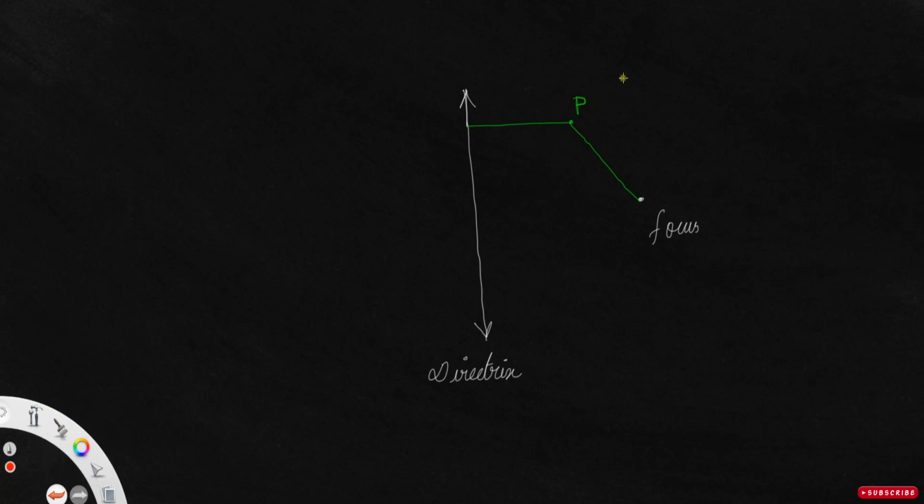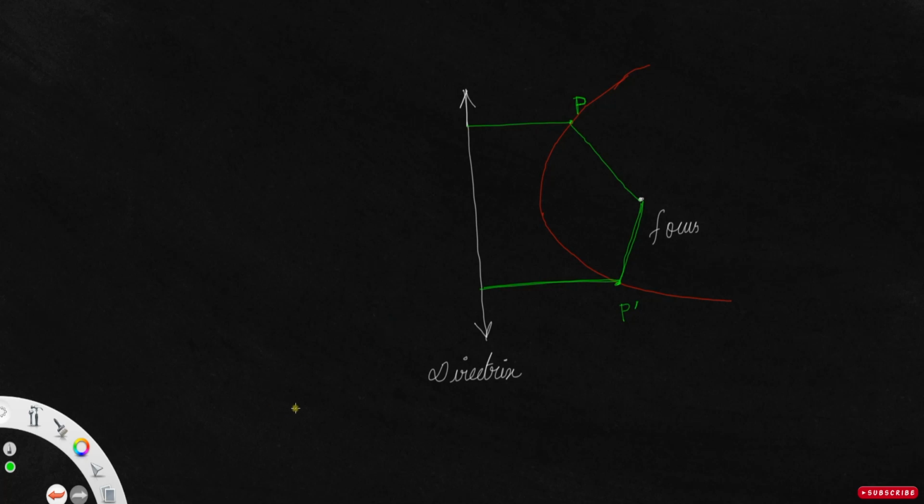If I draw a parabola, it will be somewhat like this. Suppose I take another point here, let's say P dash, then this distance must be equal to this one. So that's the definition of a parabola.